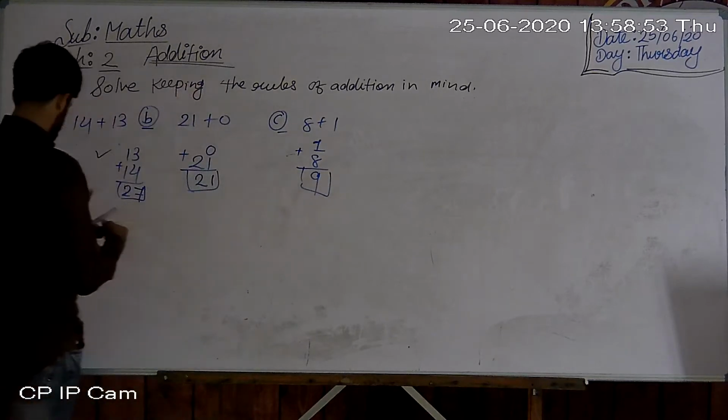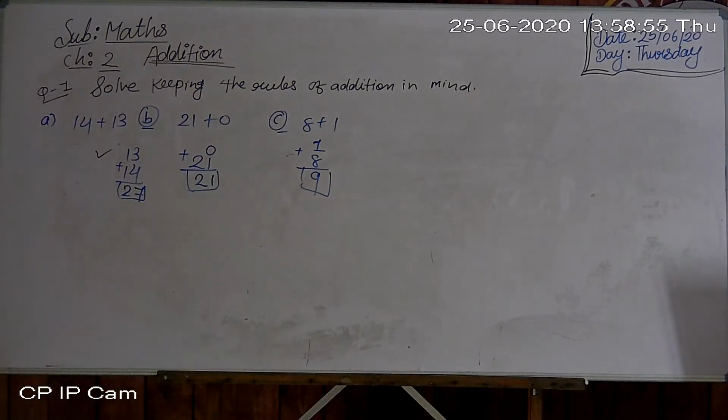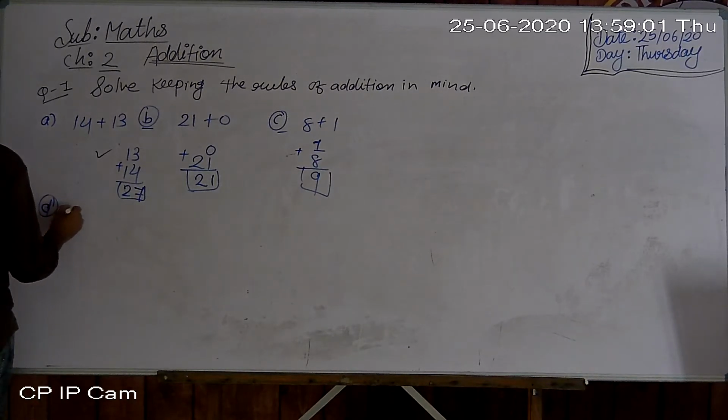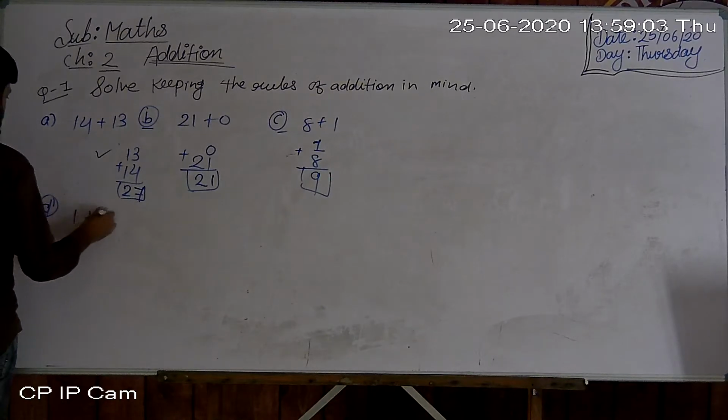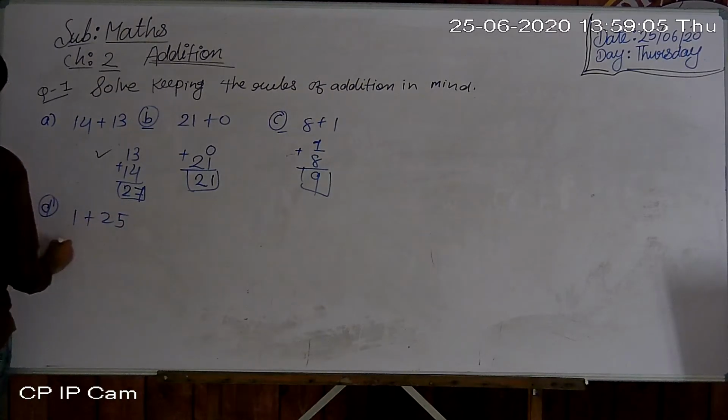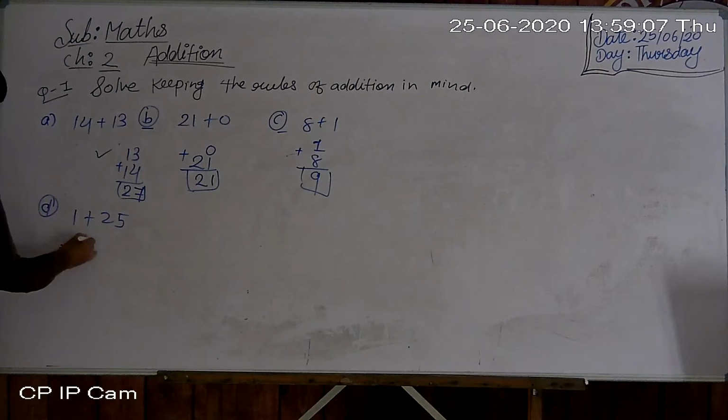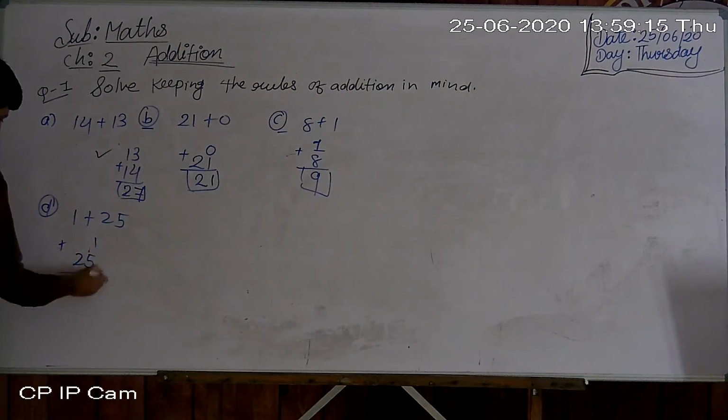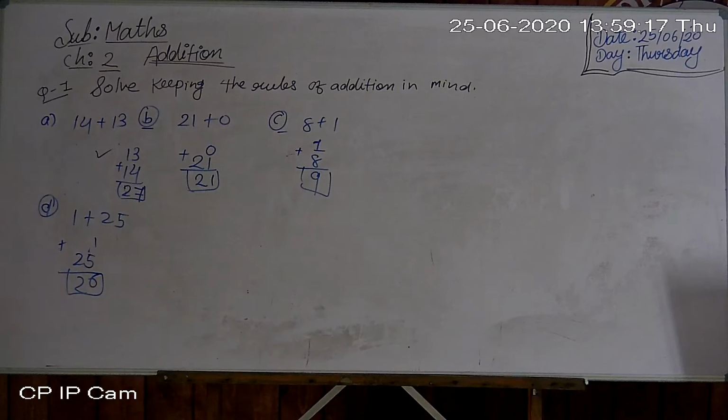It's our rule. Now let's start question D. Question D is 1 plus 25. So 6 and 2, the answer is 26.